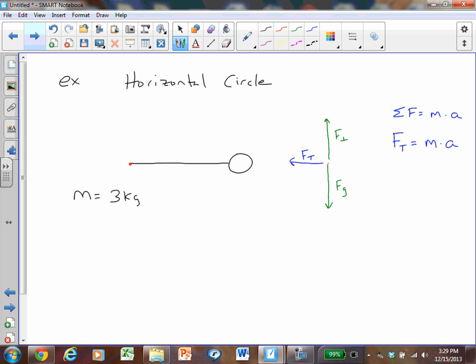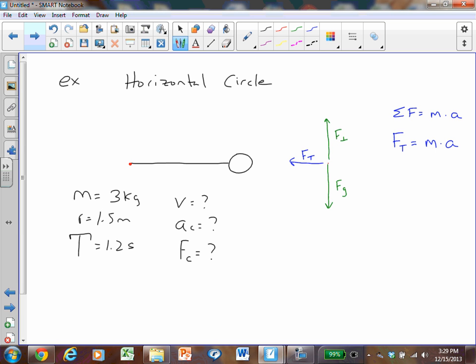The radius is 1.5 meters. The period of rotation is 1.2 seconds. So let's find v, ac, and Fc.